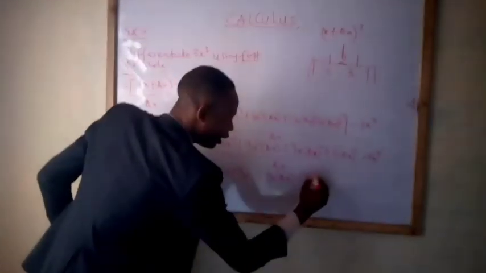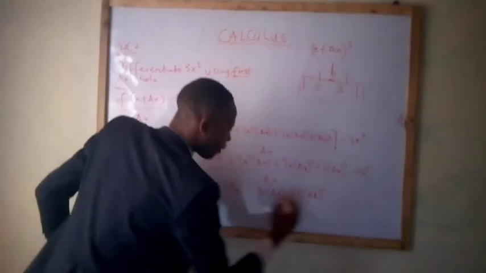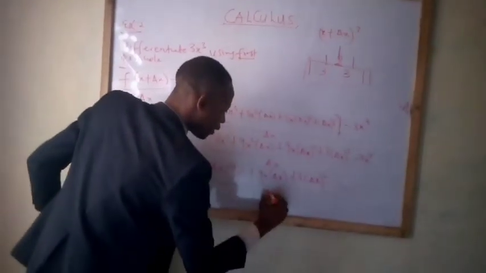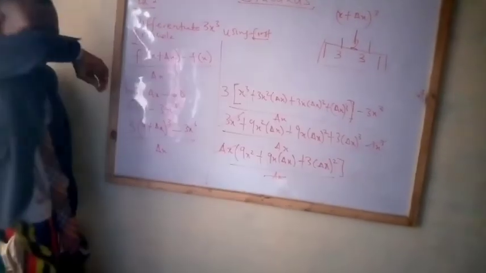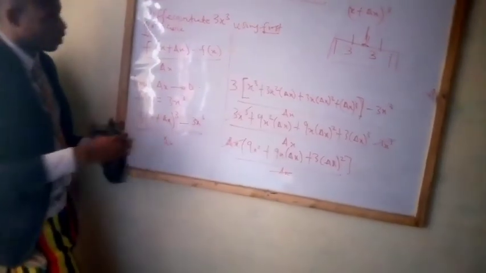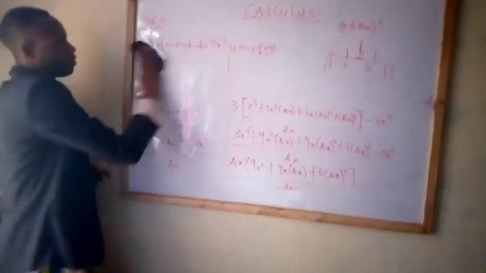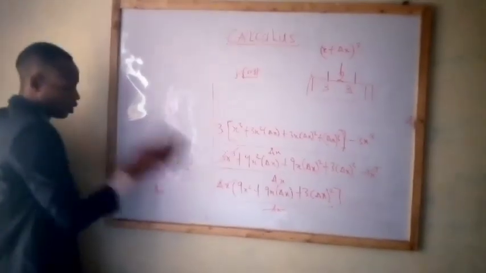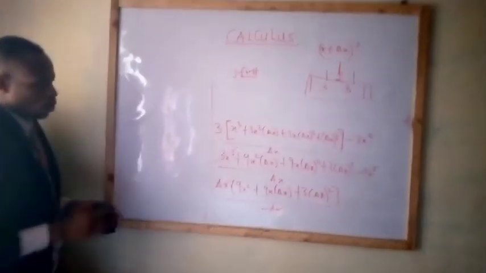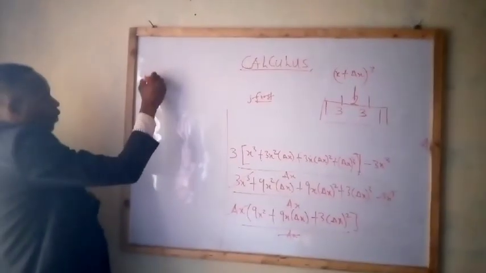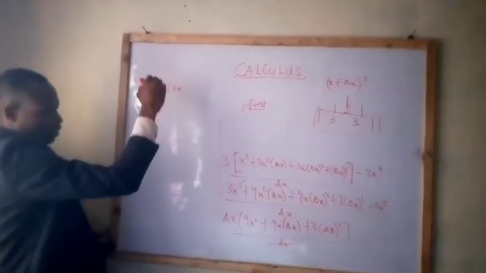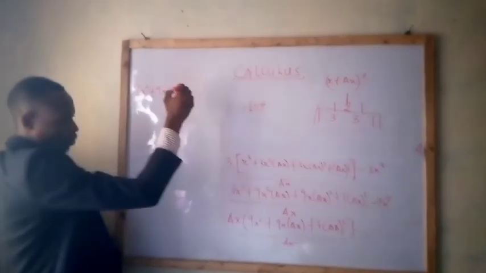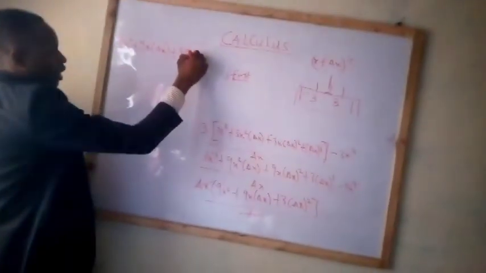You will be left with 3 into delta x squared, then all over delta x. So in that case, we can eliminate this and this. So our last is 9x squared plus 9x delta x plus 3 delta x squared.